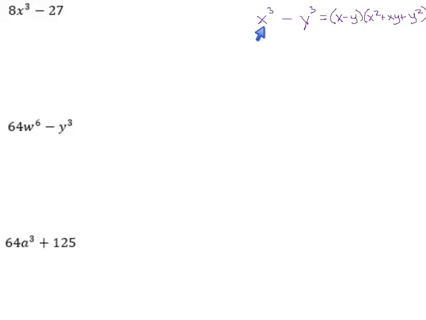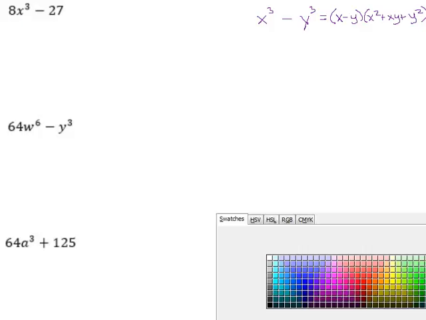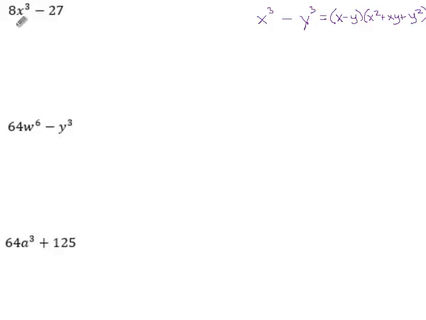Well, to use this at all, your first term and your last term have to have a minus between them, and they must both be perfect cubes, meaning you better be able to find a cube root for each of these. In this case, the cube root of our first thing, the one at the front, is what? What cubed would make that? I'm saying 2x.